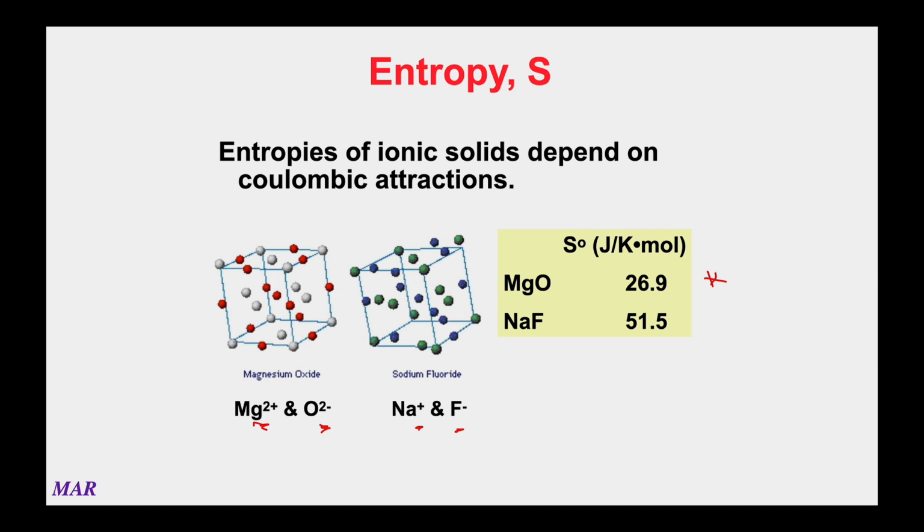So you can see positive 2, negative 2, smaller entropy, not as much flexibility, not as many microstates possible. If you had a positive 3, negative 3, for example, aluminum nitride, AlN, that should have an even lower entropy probably than positive 2, negative 2 MgO. So all of these things are affected when it comes to entropy considerations.